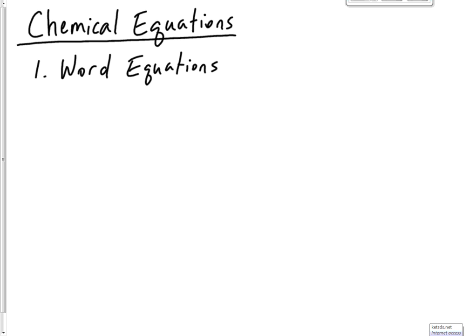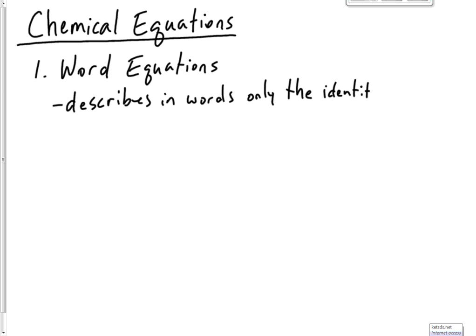The first type are word equations. No numbers, no letters, they're just words. It describes in words only the identities of the substances in a chemical equation or a chemical reaction.